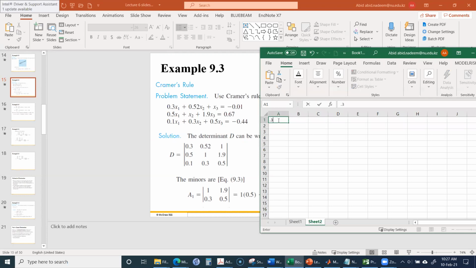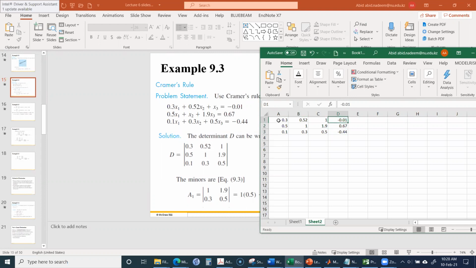If I want to represent it in Excel, I will represent it with the help of its coefficients: 0.52, 1, 0.5, 1, 1.9, 0.1, 0.3, 0.5, minus 0.01, 0.67, minus 0.44.